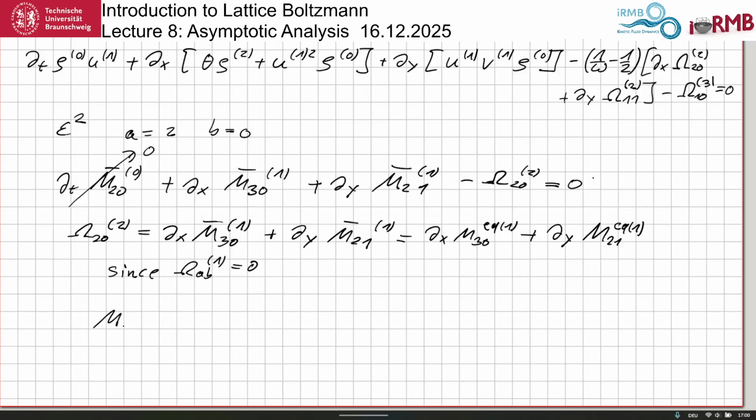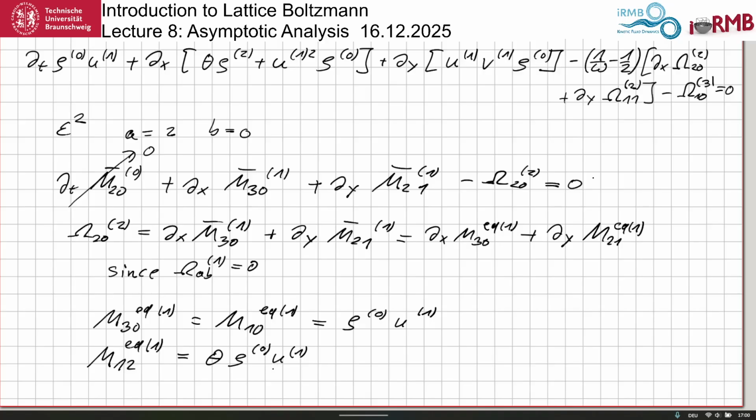Okay, m30 equilibrium to first order is, of course, m10. This is an alien, as we discussed, and this is rho 0 u1. Okay? M12 equilibrium to first order is theta rho 0 u1. So there are higher terms in velocity in it, but they will disappear.